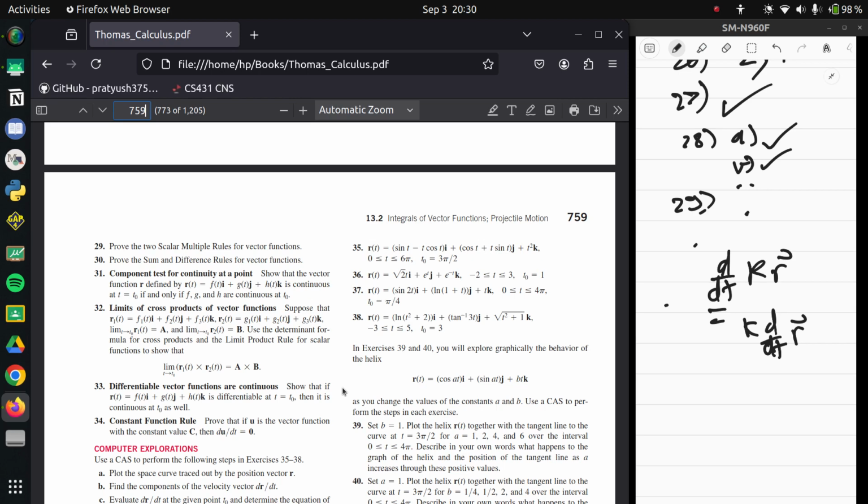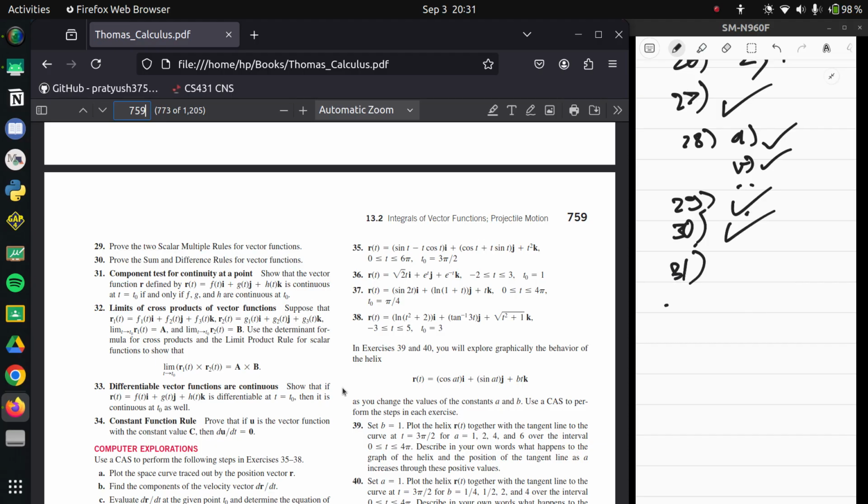As long as it's a bilinear multiplication, it's going to hold true. So I have no idea what exactly you want me to prove as such. I can just prove it for any bilinear product and then this follows easily. So 29 is done. 30, sum and difference rules. Seriously, no, I don't want to do it. So I'm just going to move on.